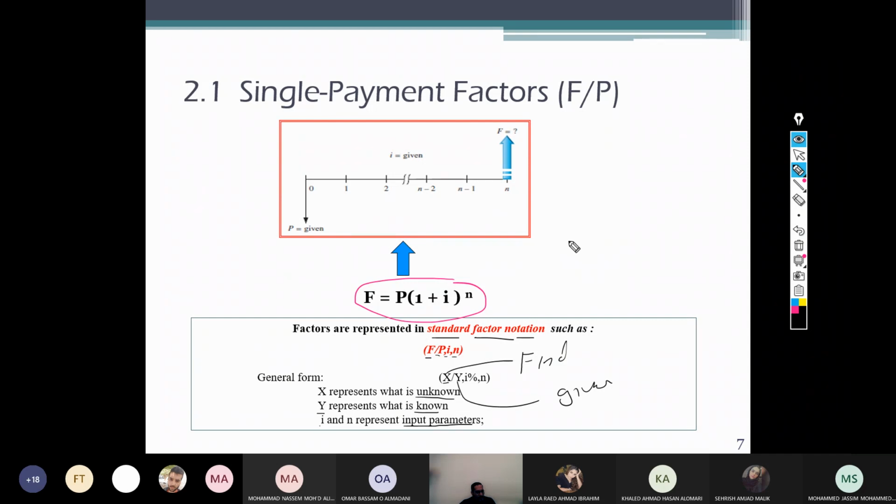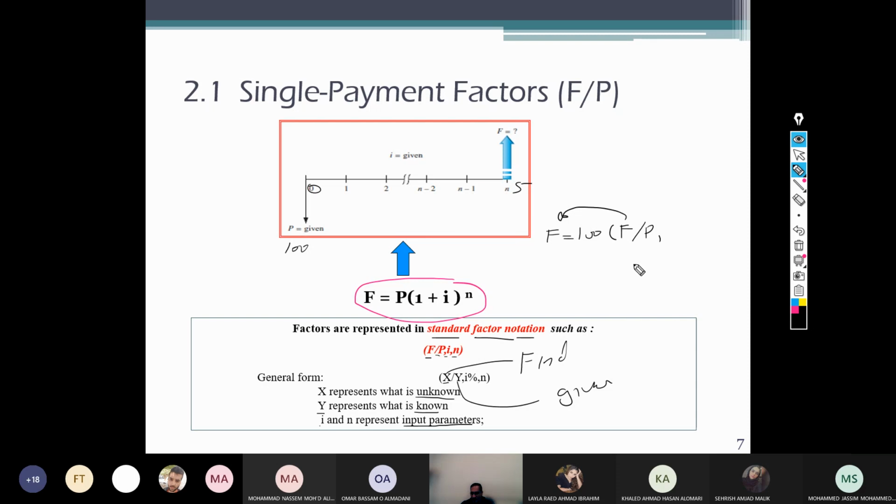So let's say this is 5, this is 0, and this is 100. He's trying to find F. I'm going to put my amount. What I'm trying to find is F given P. If you don't want to make a mistake, always remember what you start with.